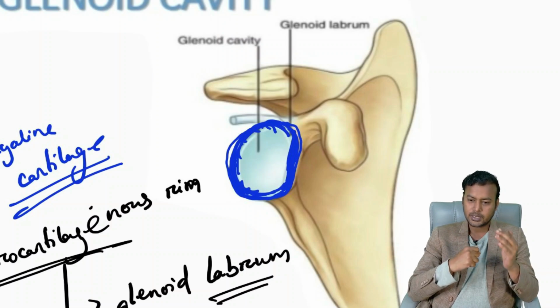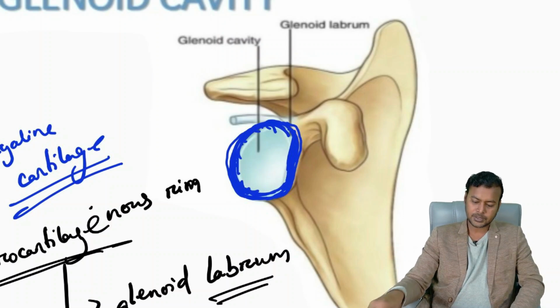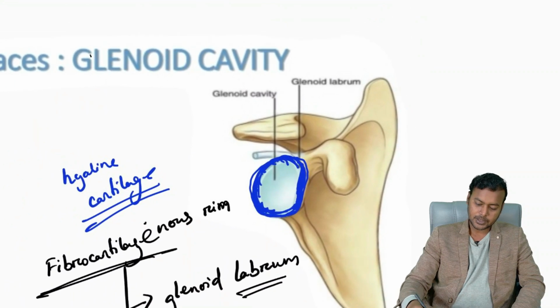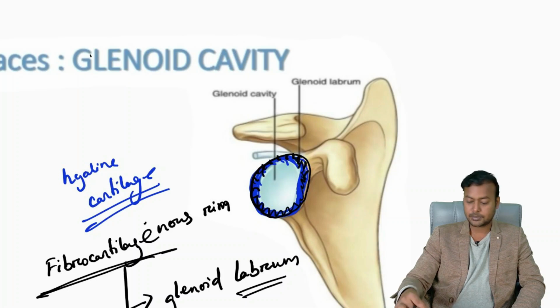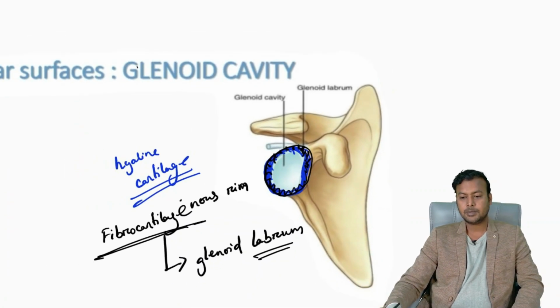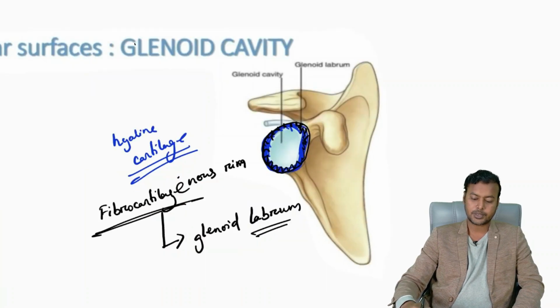So, to increase the depth of this glenoid cavity, there is this fibrocartilaginous rim, which is known as the glenoid labrum. So, this is another thing which helps in the stability of the shoulder joint.